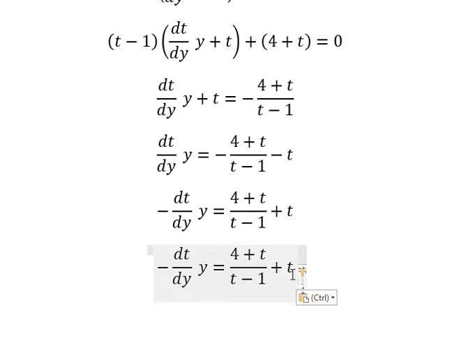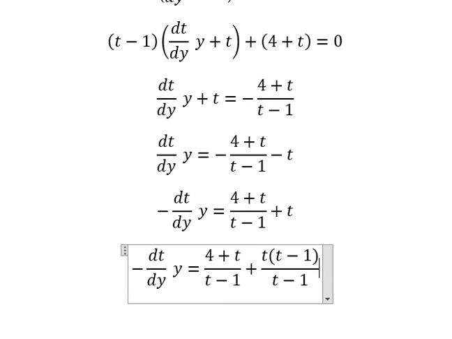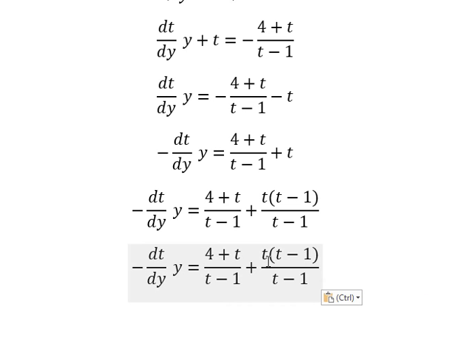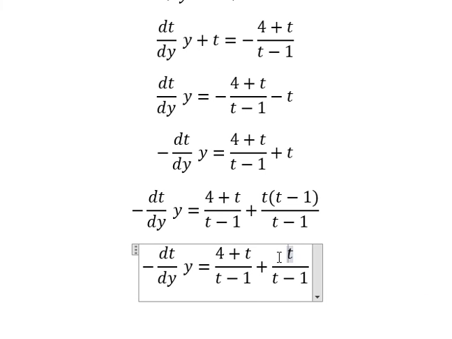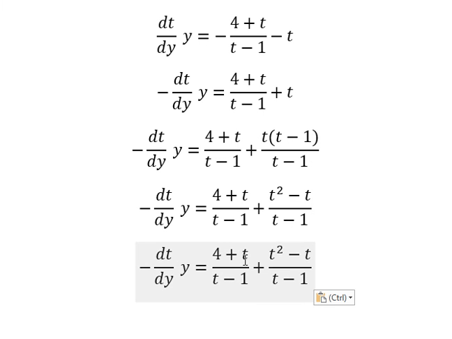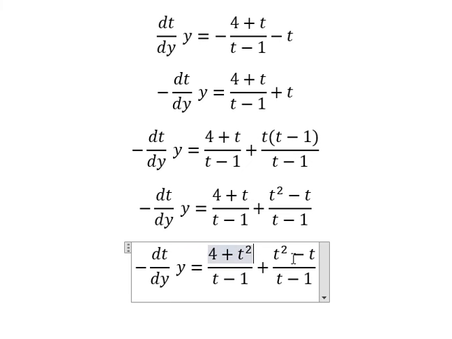Now we do common denominator. So this one we have t square minus t. So now t minus t we cancel. This where I will put in here.